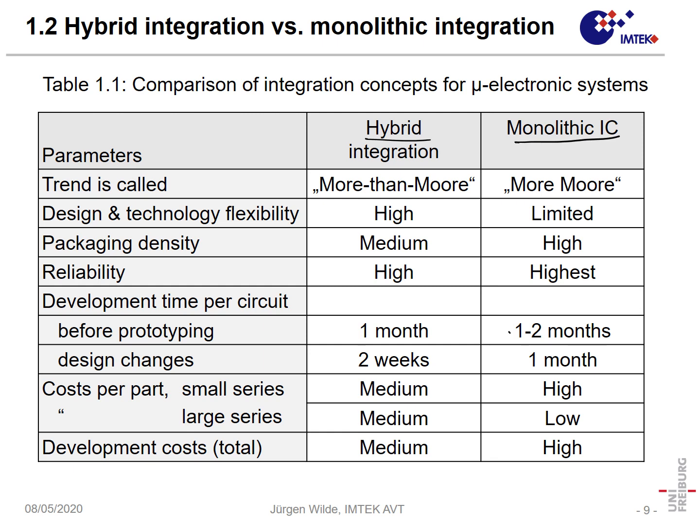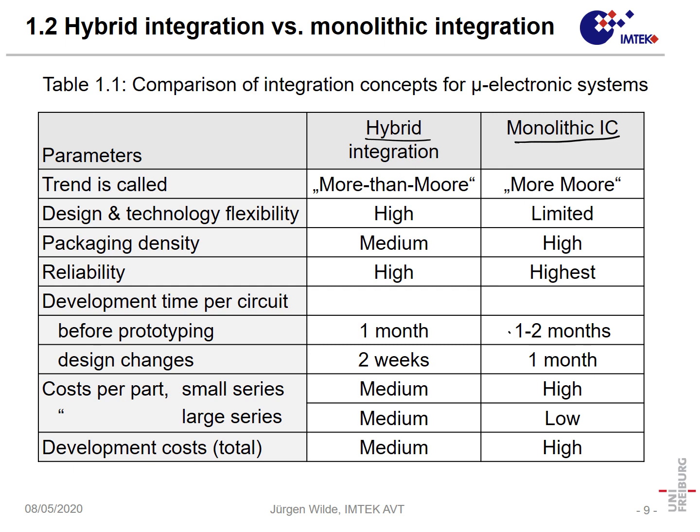In hybrid integration, we call it more than Moore. Not only making smaller, but making it more versatile. On a monolithic IC, especially on a CMOS, the flexibility of using different transistor technologies is limited. On the other hand, by hybrid integration, for instance, soldering it together, you can combine almost anything, so you are flexible.